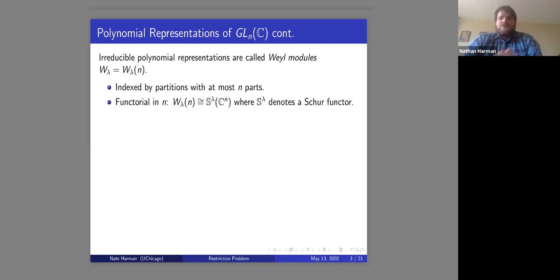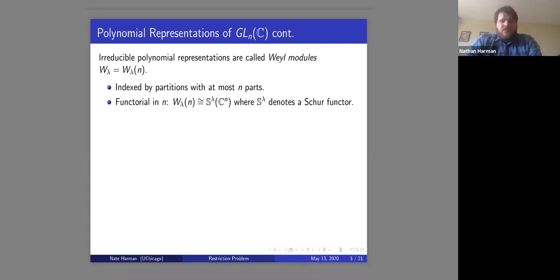You can think of polynomial functors almost as representations of GL infinity with some nice polynomiality condition. And so that's a kind of category, and these S lambdas are the irreducible objects or representations there.